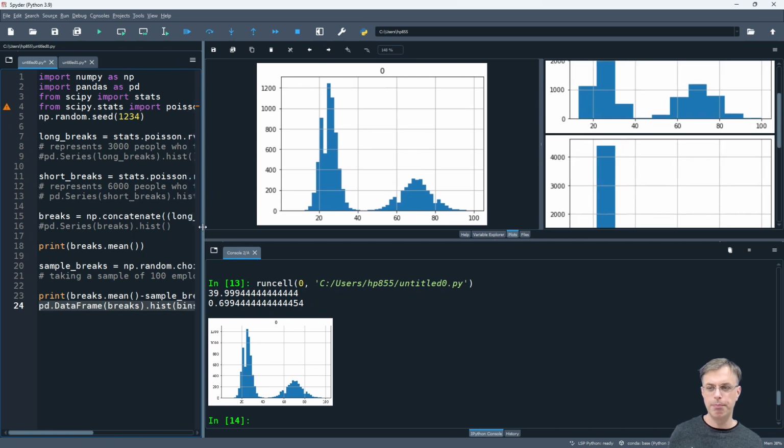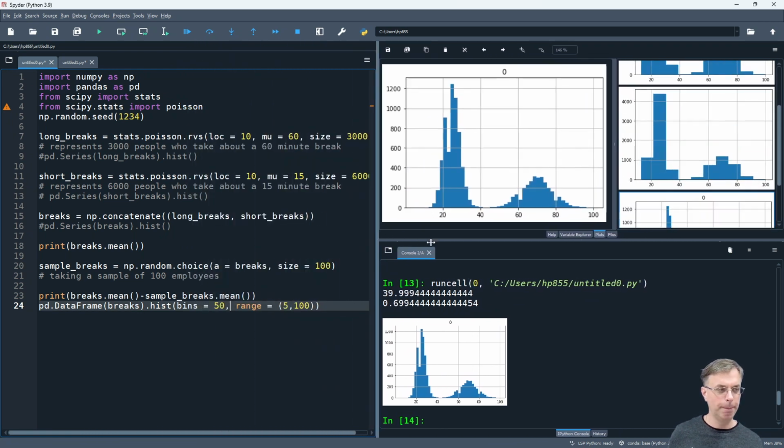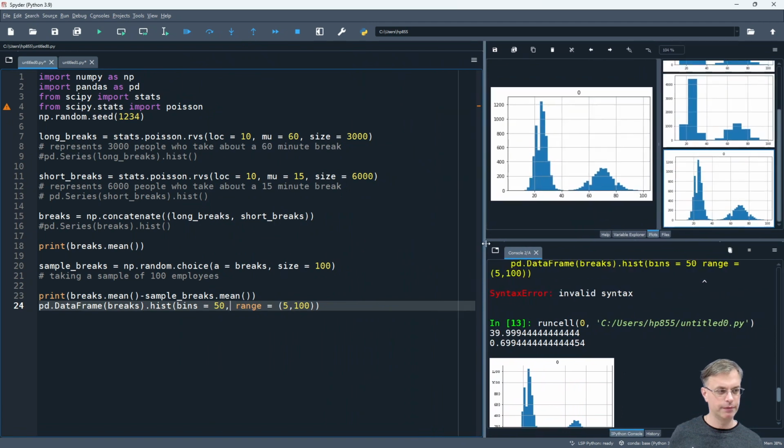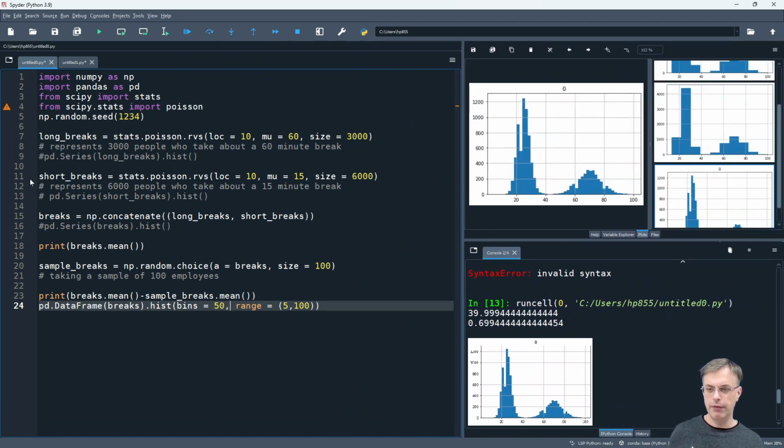It appears to be bimodal, which means that there are two peaks of break times, at around 25 minutes and around 70 minutes. As all data is not normal, many of the most popular statistics tasks may not apply. However, if we follow the given procedure, we can create normal data.